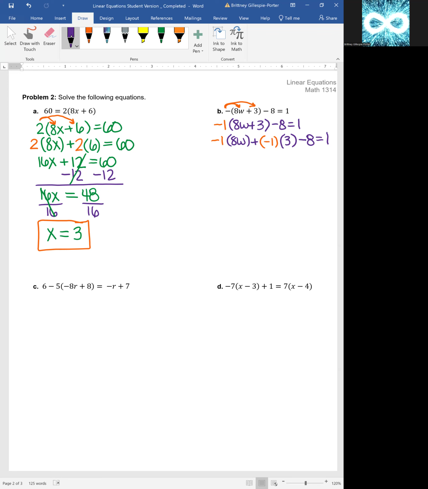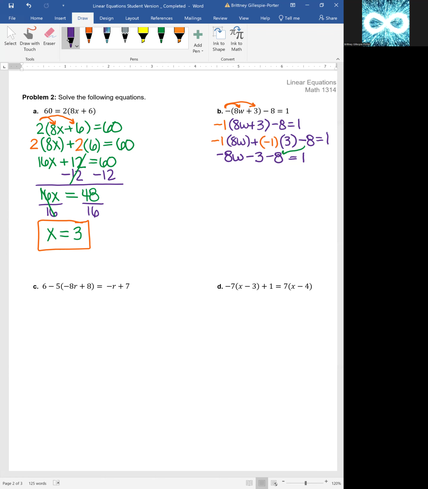And then when I simplify these, -1 times 8w gets us -8w. Plus -1 times 3 is -3. I don't like to write plus a negative, so I'm just going to write -3. Don't forget to bring your -8 down to the next line, and we're going to have that equal to 1.